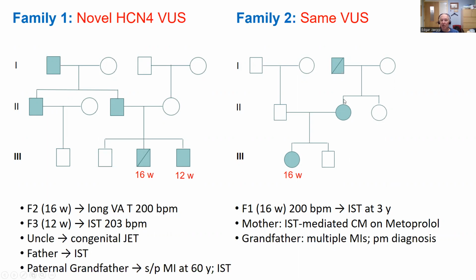The mother, when she was referred to us, had reduced cardiac function, and the diagnosis of inappropriate sinus tachycardia mediated cardiomyopathy, for which she underwent already as an adolescent multiple attempts of radiofrequency ablation of the sinus node. The grandfather has died after multiple myocardial infarcts and had a post-mortem diagnosis of the same mutation.